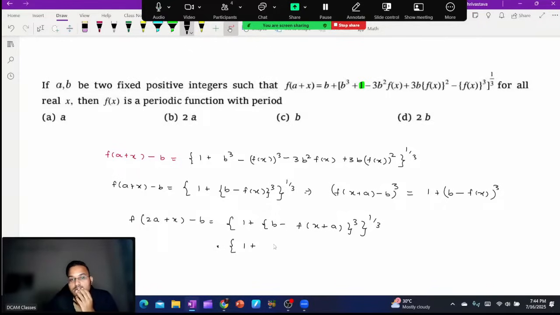So it will be minus x minus 1 plus f of x minus b whole cube.